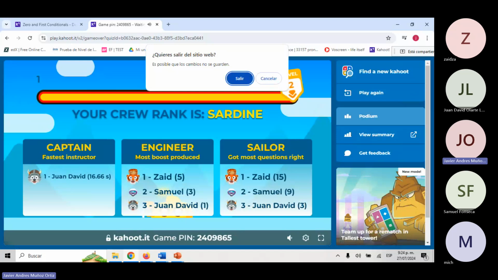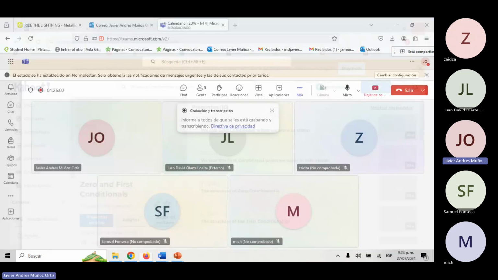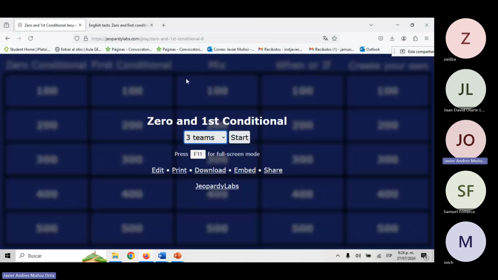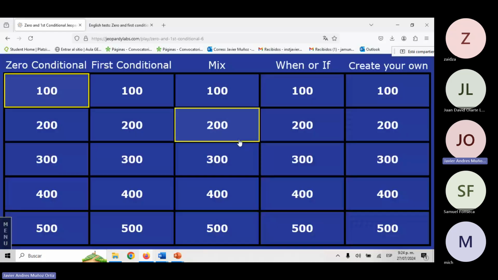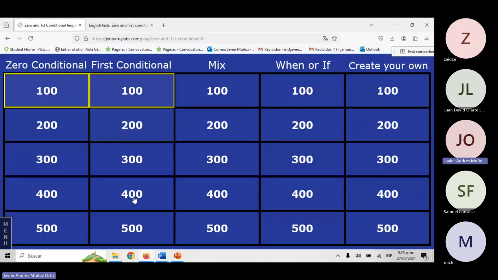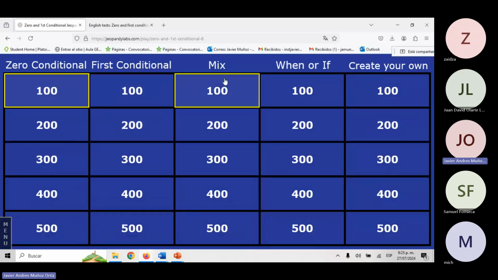So thank you, Kahoot, very much for your support. It was nice. I'm going to give you two more games, not for me to answer, but for you to complete at home. The idea is for you to answer the questions. You know how this works. First column is zero conditional. Second column is first conditional.